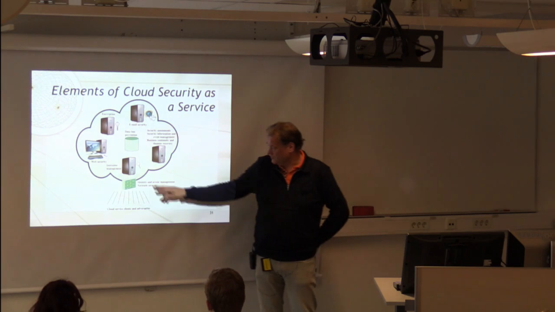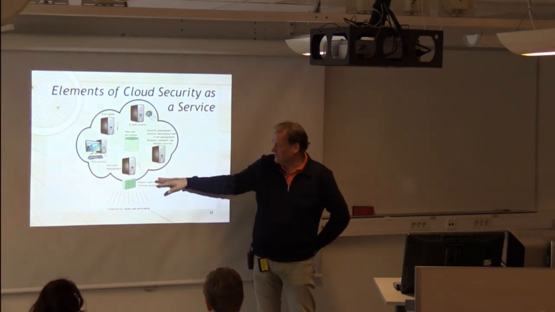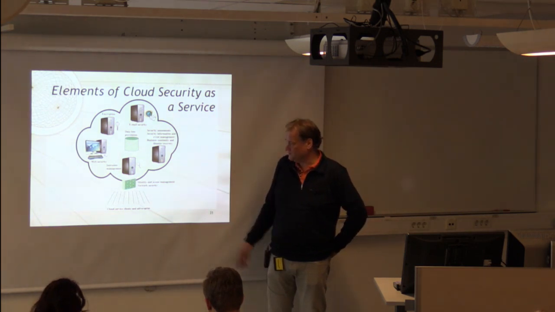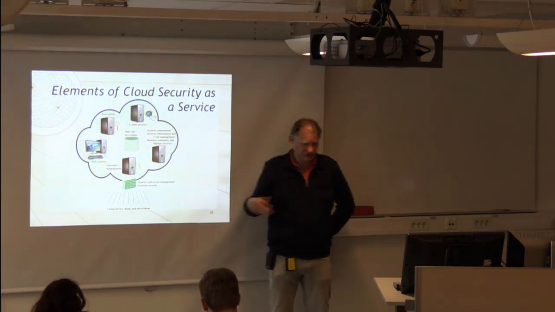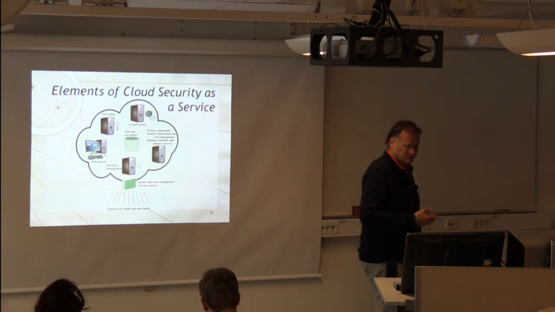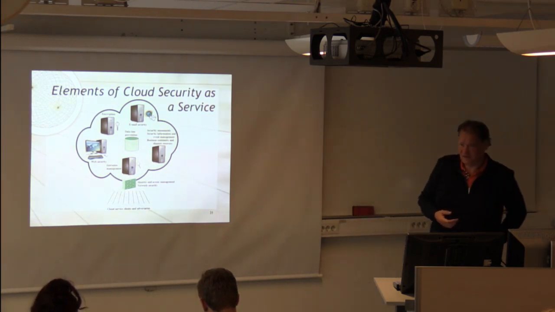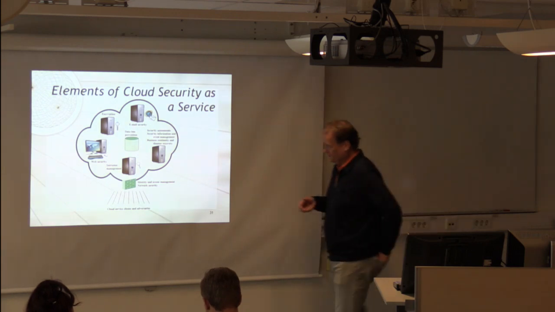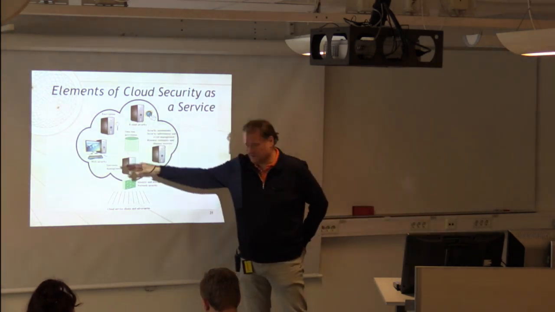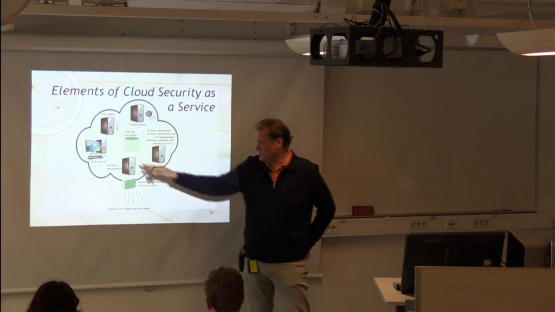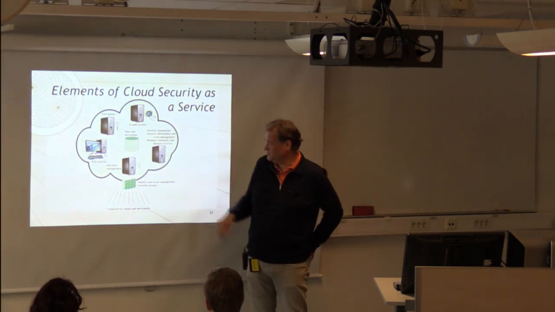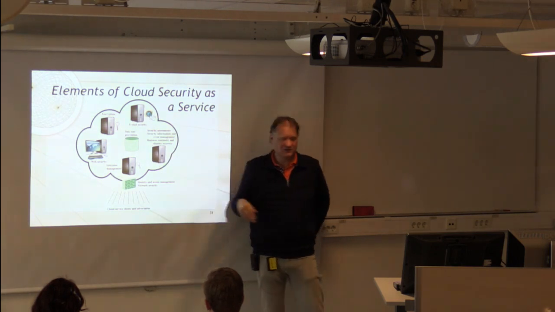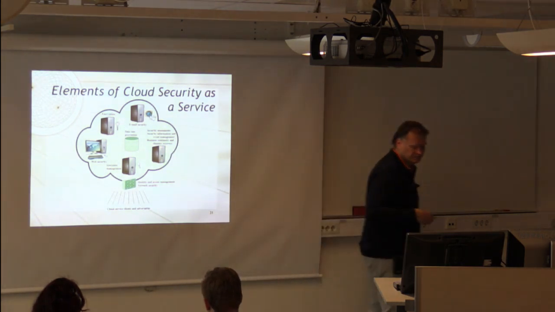And then, of course, in the connection between the client and the cloud, there are things like identity access management and network security, like ordinary firewalls and so on, that is needed to secure the access to and from the client and the cloud. But then in the cloud, we have all of these services we mentioned before. We could have our web proxy here, we can have our intrusion detection system, we could put our email, we can have this data loss prevention with the application and so on.